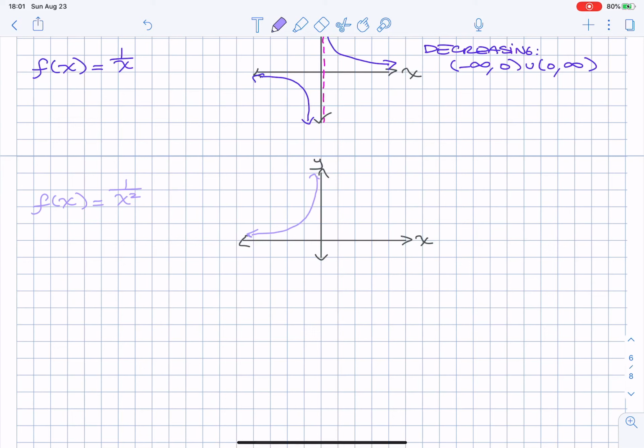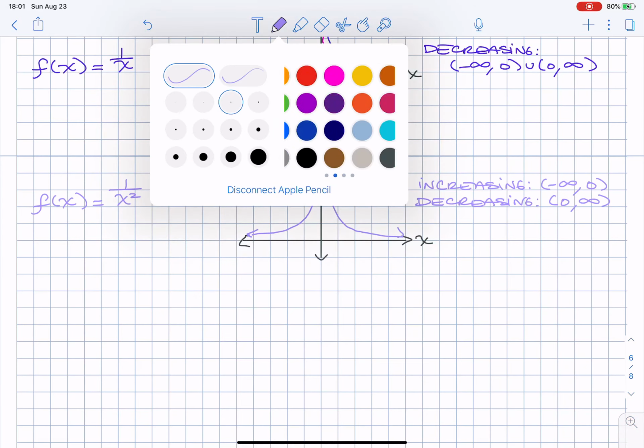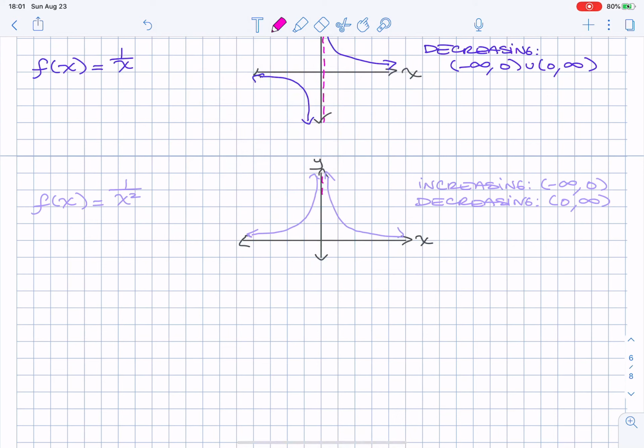Come on. Okay, so notice that this is going uphill now, so it's increasing until I get to 0. So all the way to the left to 0. But then it's decreasing, going downhill from 0 all the way to the right. But we still don't have anything at 0 because this is a vertical asymptote. This is where we shall not divide by 0.